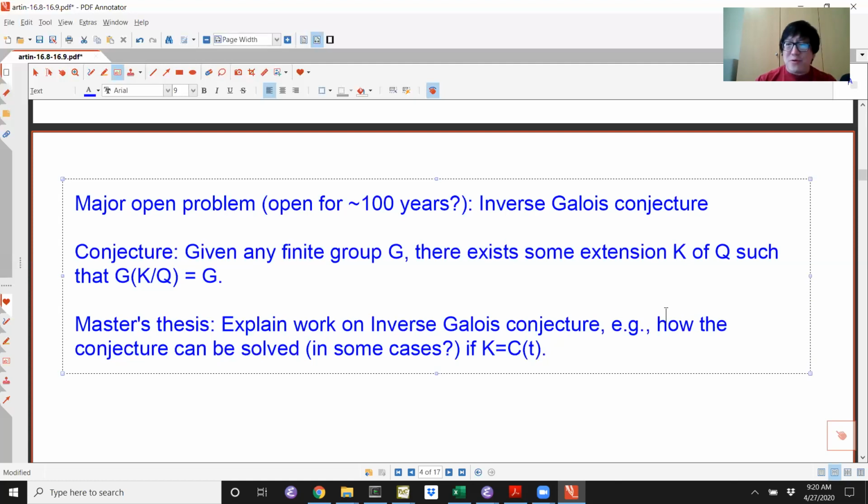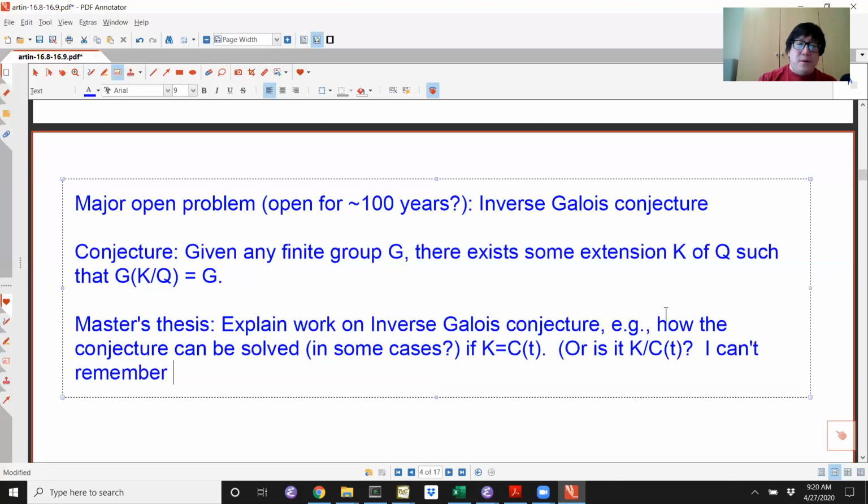Instead of starting off with the rationals and having to pick K, which is unsolved, it's actually not so bad. Maybe it's K over C of T. I can't remember. I'll look it up for Wednesday.